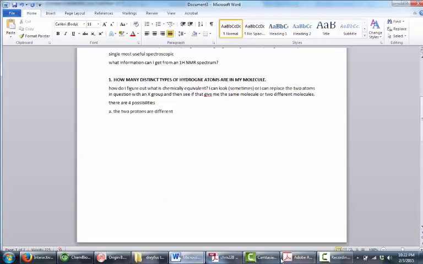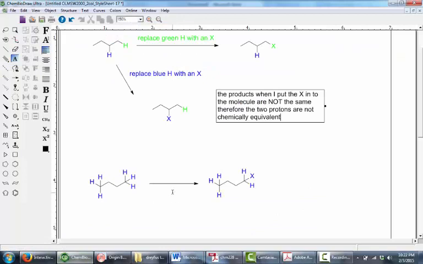Possibility B is what I'm going to show back in this ChemDraw file. If I look at all of these blue protons and I replace any of these hydrogen atoms with an X, that's going to give me exactly the same alkyl halide product shown over here with the X on the terminal carbon. So any of these H's will give me the same halide product.